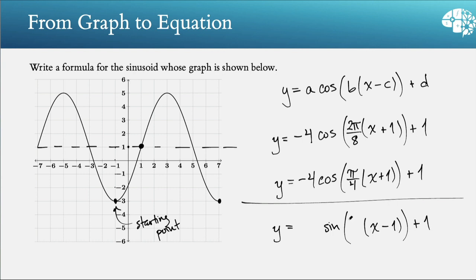Okay, the period is still 8. The period doesn't change, right? So it's still, well, I'll just say pi over 4, the 2 pi over 8. And then the number in front is from the midline, from that starting point, what am I doing? From that starting point, I start by going up, so it's a positive, and I go up 4, so it's positive 4. So that equation there is how I would write this curve in terms of sine.